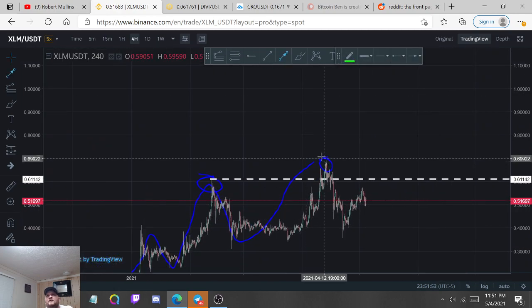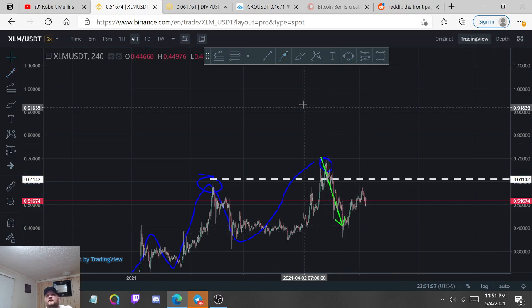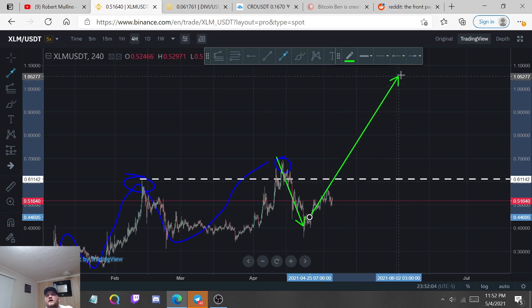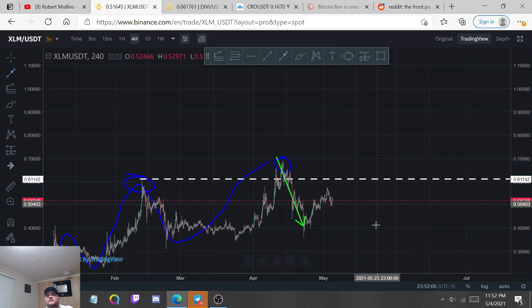We have pulled back. But I think we're still looking to go higher. I think we just found a little resistance right here at 65 cents. Maybe it was 69 cents here.